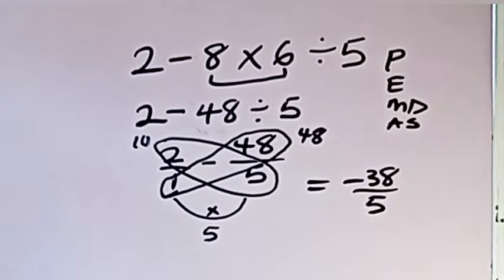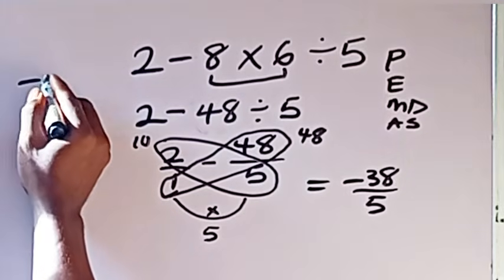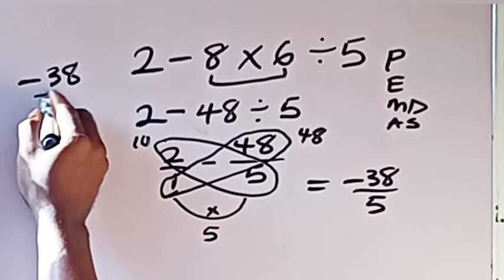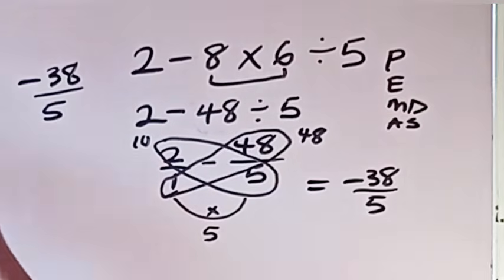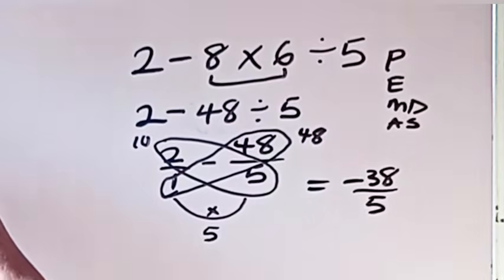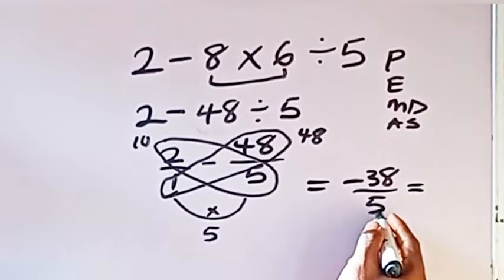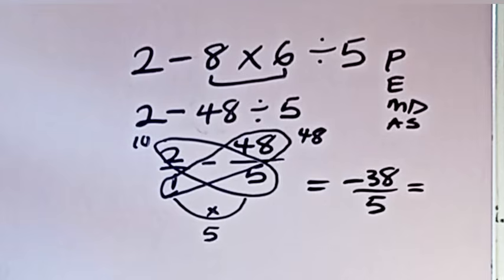That answer is an improper fraction. So let's see if we can get a mixed fraction from the answer too. So minus 38 over 5. Let me just do it here. 5 will go into 38 how many times?